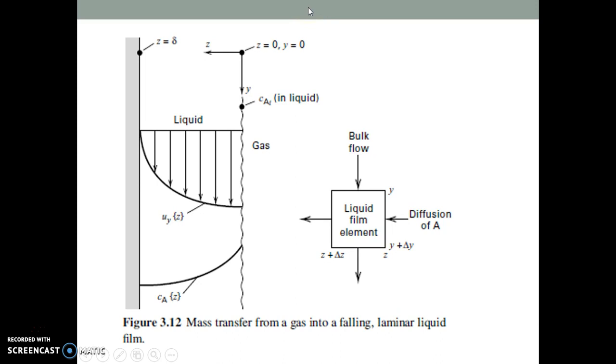A simplified theoretical derivation will be given for two cases of laminar flow. One is mass transfer in laminar flow in a tube, and the second is mass transfer into a falling laminar liquid film.